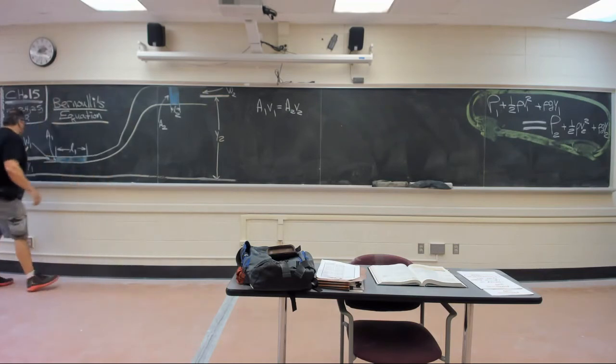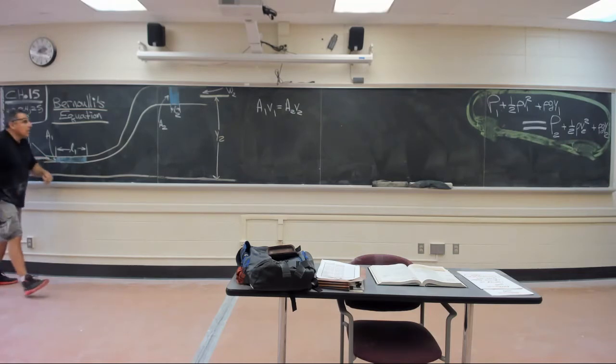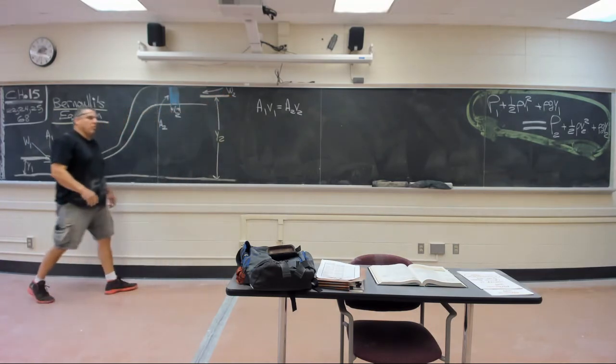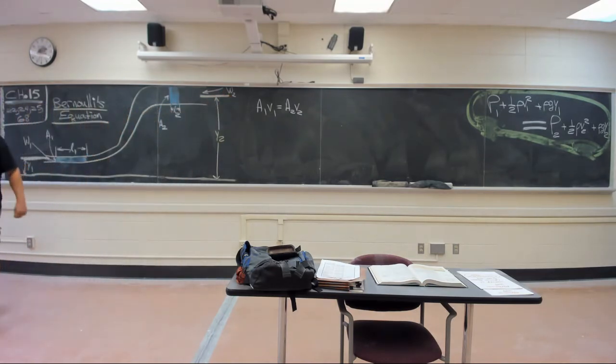There is work W1 being done right here. There is work W2 being done in the opposite direction. What is it? I don't know what it is. There's something hampering the flow. Maybe there's some other kind of work going on.